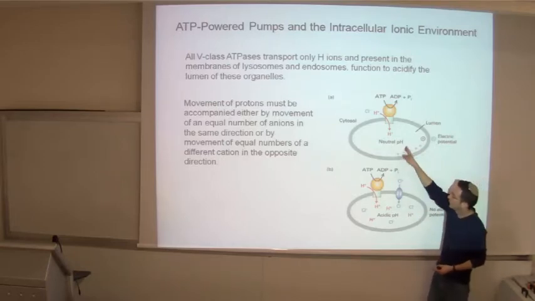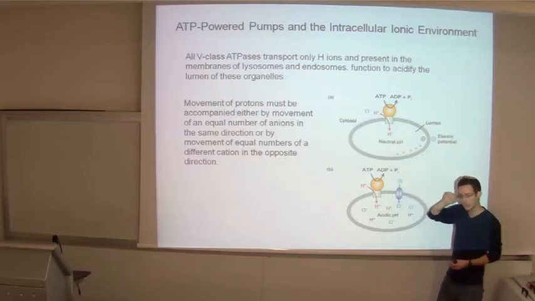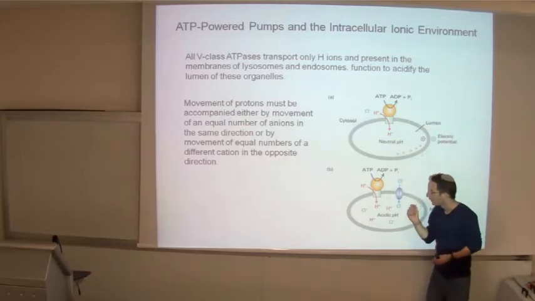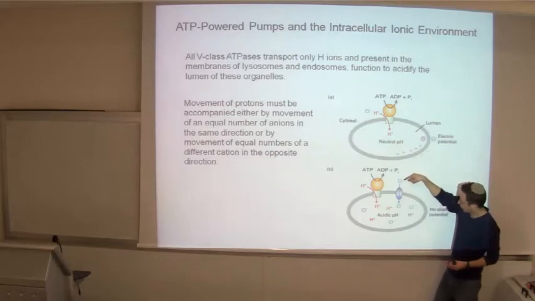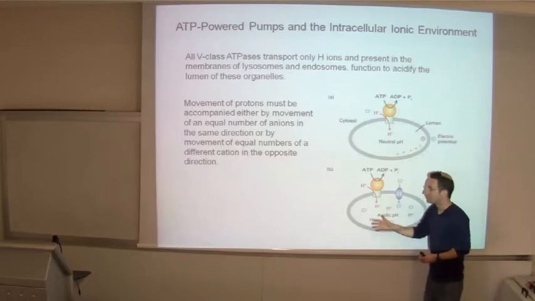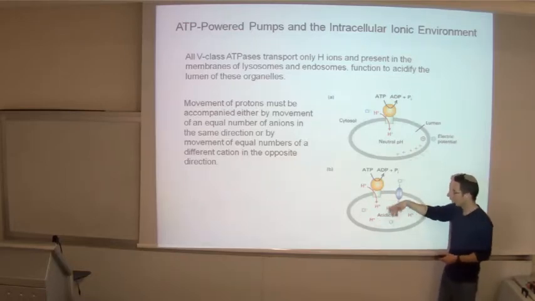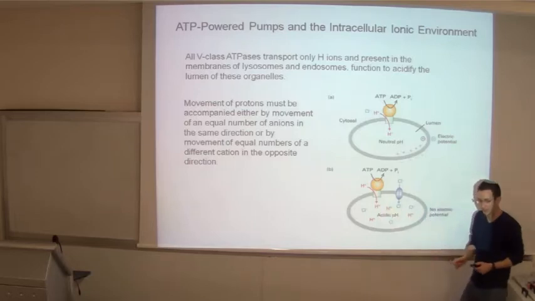And in order to accumulate enough hydrogens to truly move the environment to an acidic one inside the lysosome, you have to either move in an oppositely charged molecule, such as chloride, or similarly move out a positive charge, in order to gain relatively neutral charge in the lysosome, but still accumulate more and more hydrogens inside.